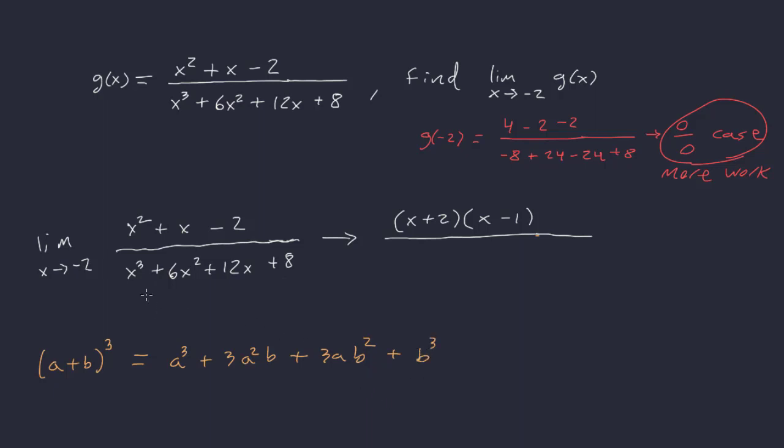And I think we have that here, because if a is x and b is 2, we would have x cubed plus 3 times x squared times 2 plus 3 times x times 2 squared plus 2 cubed. So when we simplify this, this becomes x cubed plus 6x squared plus, that's 4 times 3, which will be 12x plus 8. There we go.